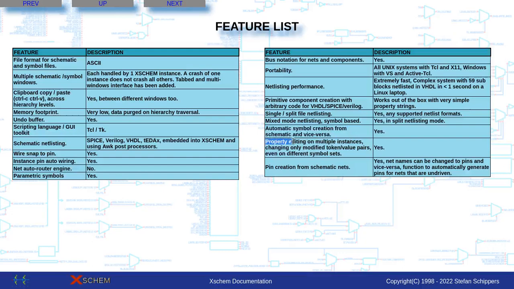We can edit attributes on multiple instances. We can change only the modified pair, so we can do block editing on schematics. For example, select multiple transistors and change only the length of the transistors while keeping the width of every single transistor the same as before. We can also do pin creation from schematics and so on.